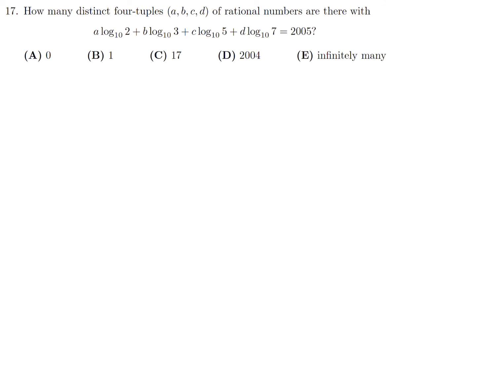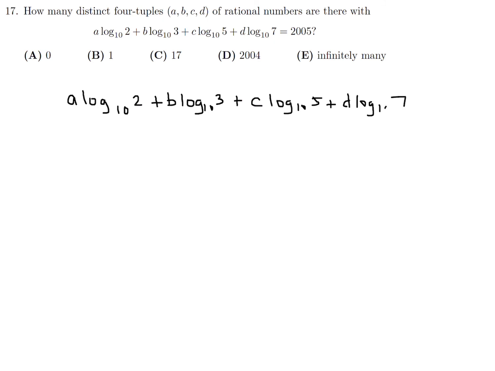How many distinct 4-tuples A, B, C, D of rational numbers are there with this expression equal to 2005? Let's work with this here. A log base 10 of 2 plus B log base 10 of 3 plus C log base 10 of 5 plus D log base 10 of 7 is equal to 2005.